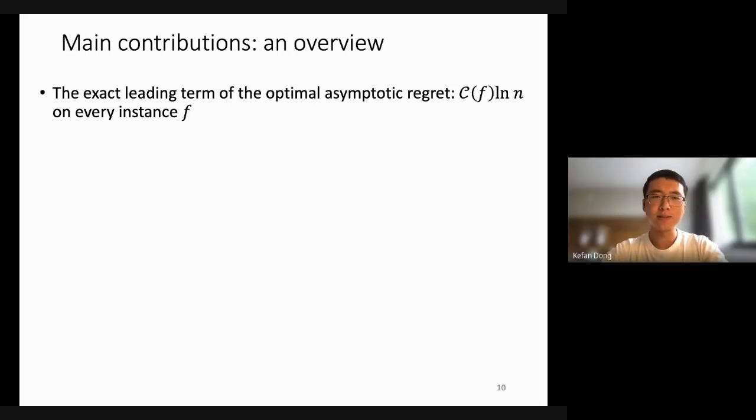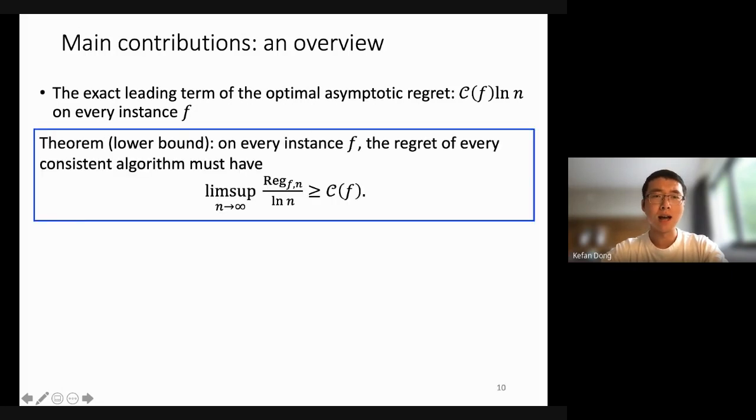Right. So in this paper, we just compute the form of the optimal asymptotic regret, C of f log n. So C of f here is a complexity measure that we introduce, and we can prove corresponding upper and lower bounds. So for the lower bound, we say that on every instance f, the regret of every consistent algorithm must have the following form.